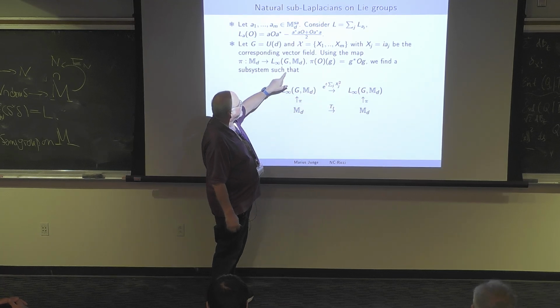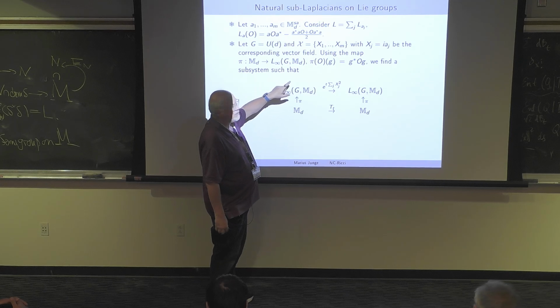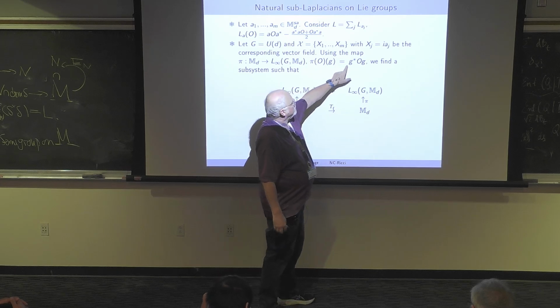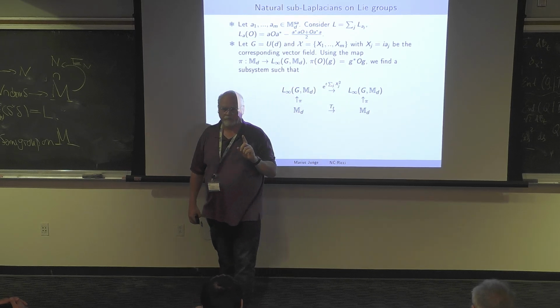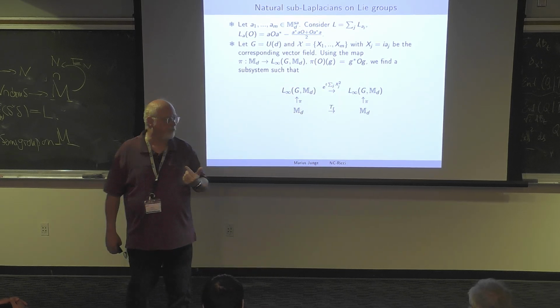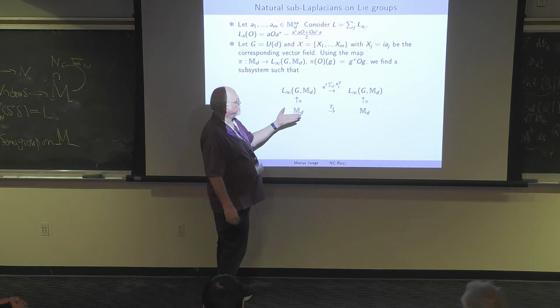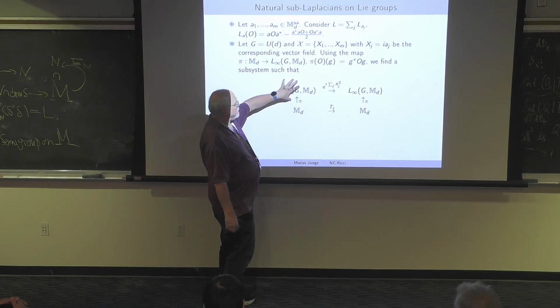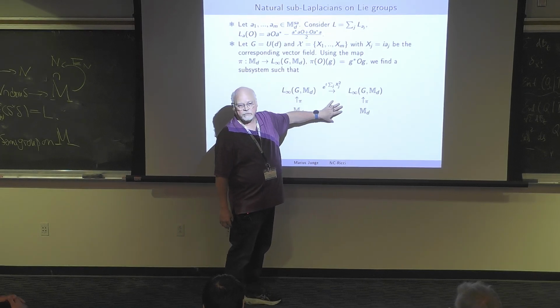And the diagram does what I've been trying to propagate for the last month. You take an observable, you conjugate it with the unitary. That is a map which sends observables, d by d matrices, to functions with values in observables, right? Because as a function of g, this is still a matrix. If you do that trick, that's actually a well-behaved map. It's a star homomorphism, right? It preserves multiplication. And so we can conjugate the action on the group to the action on the matrix algebra.